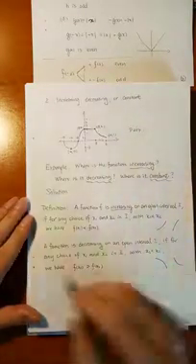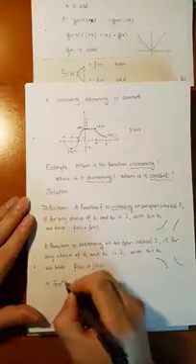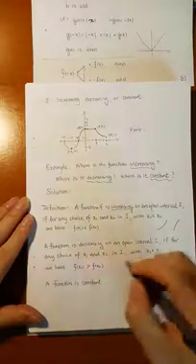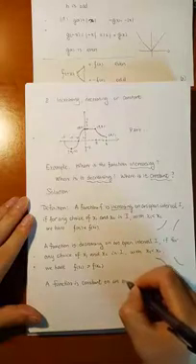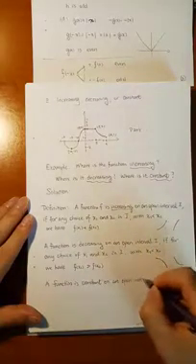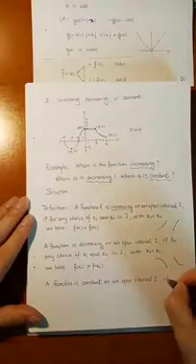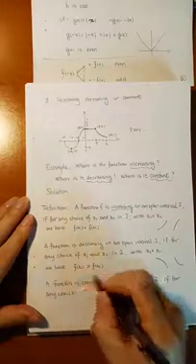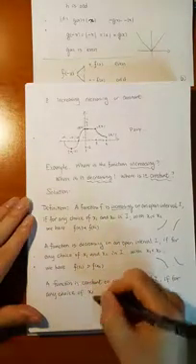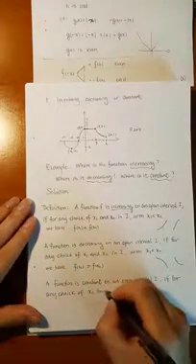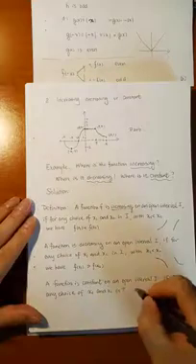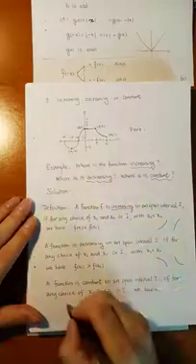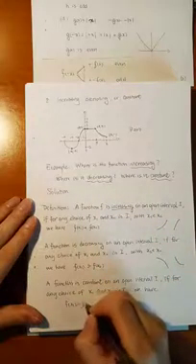Okay, what is a constant? A function is constant on an open interval I if for any choice of x1, x2 in I, we have f(x1) is equal to f(x2).